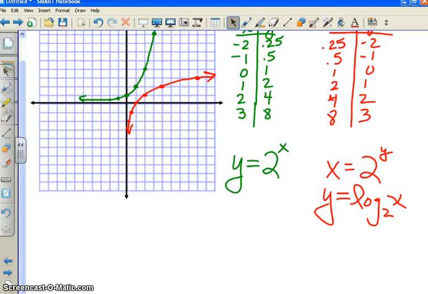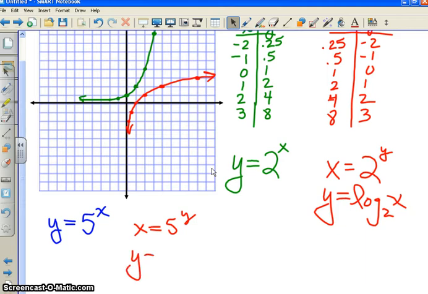So if I have an exponential function that's y equals 5 to the x, the inverse of that as x equals would be x equals 5 to the y. And then as y equals, that's going to be y equals log base 5 of x.